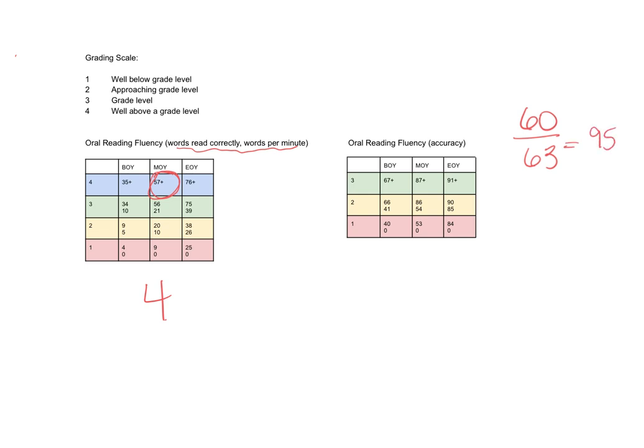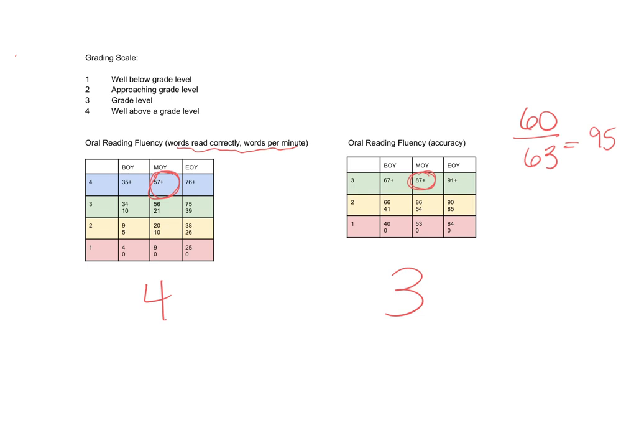Okay, a 95%. So then I will take that percent, that accuracy percent, and I'll come over here to my chart. And again, I see for MOI that is going to be a 3. Again, remembering that there's no 4 in this category. That's as high as they can get, and that is actually pretty far above grade level. So the child would have a 3 on that one.